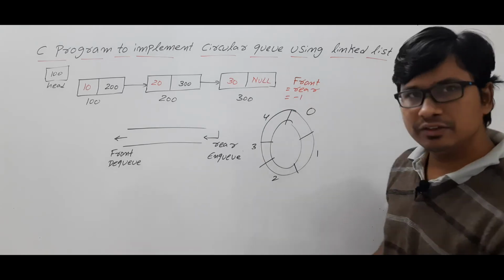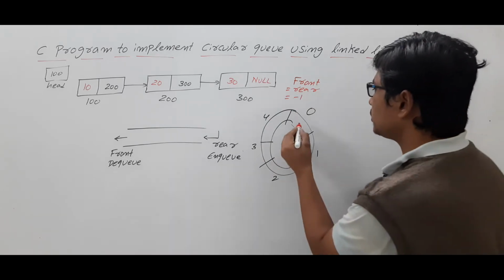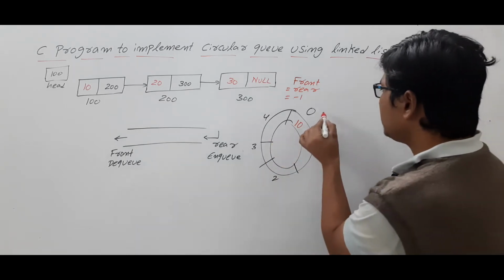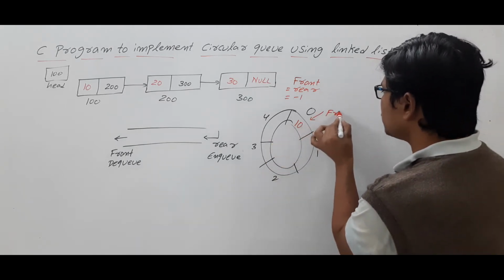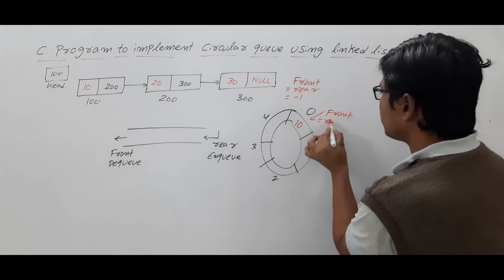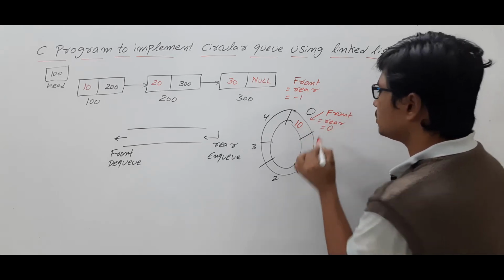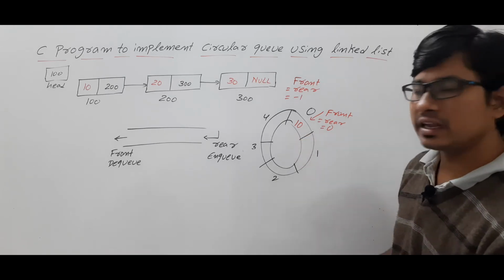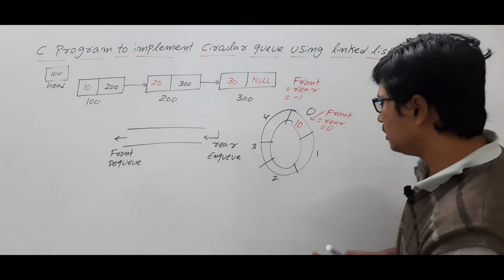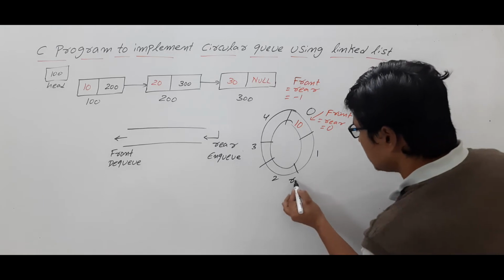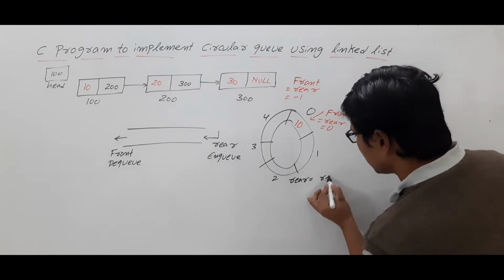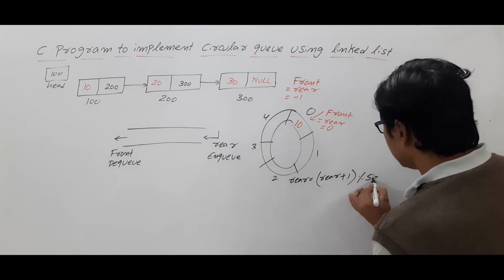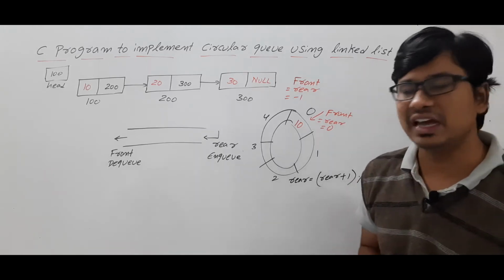Is it clear? If there is a single element, let's say you have inserted the element 10 here, then front and rear will both be pointing to the element 10. So front and rear will be equal to 0. Now you want to insert another element at index 1. Then you write rear is equal to (rear plus 1) modulus size, where size is the size of the array.